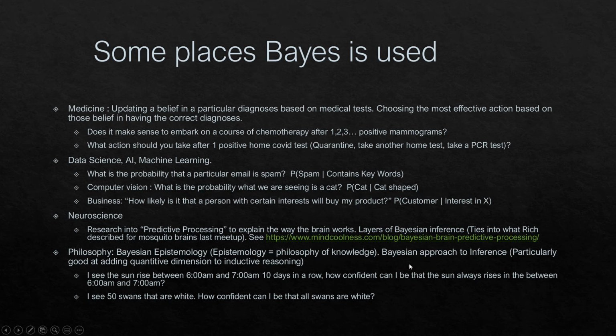And how adding a Bayesian approach to inference... there are different types of inference, but the one we're interested in for this is inductive reasoning. This is the kind of reasoning where maybe you see something over and over again, and after a certain amount of time you start having confidence in that thing happening all the time.